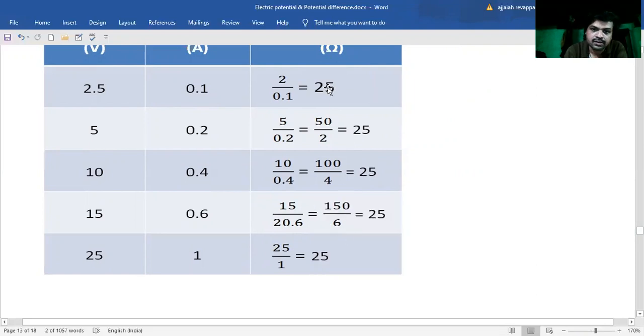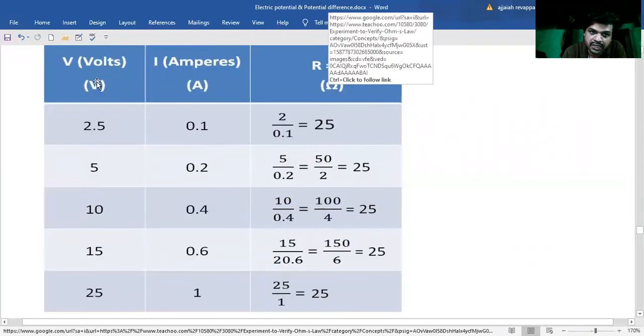It means the voltage and current are increasing at the same rate. See, it is 2.5 and this is 0.1. Now we doubled the voltage by connecting 2 cells. The current also doubled, at the same rate.